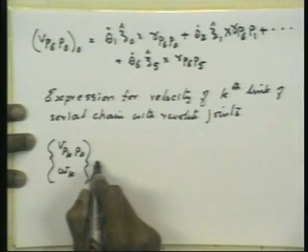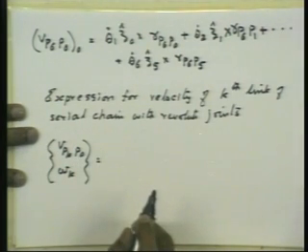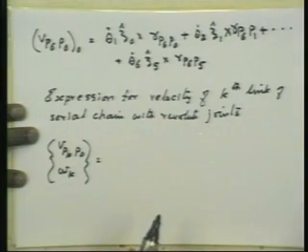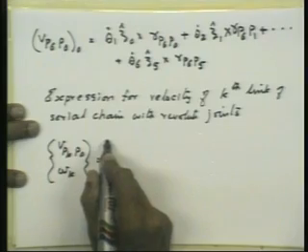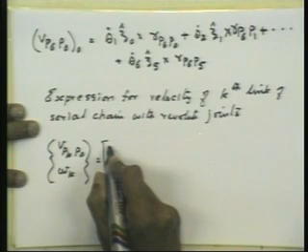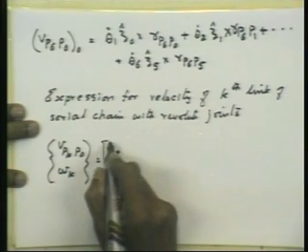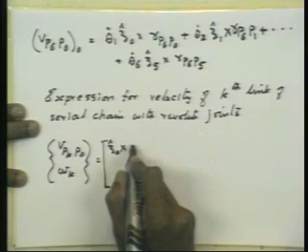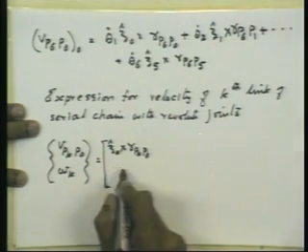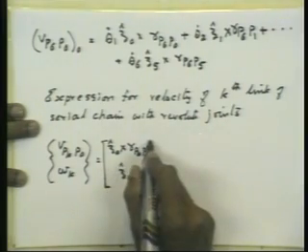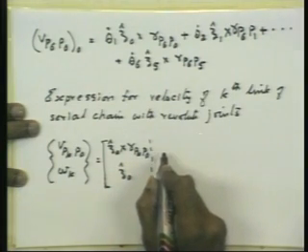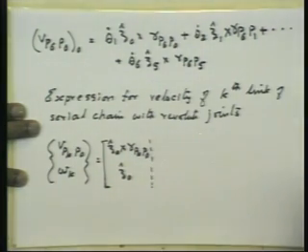How many elements does this have? 6 elements, 3 for this, 3 for this. So it consists of this then. This is the first column. The second column is going to multiply the vector theta 1 dot, theta 2 dot, and so on.